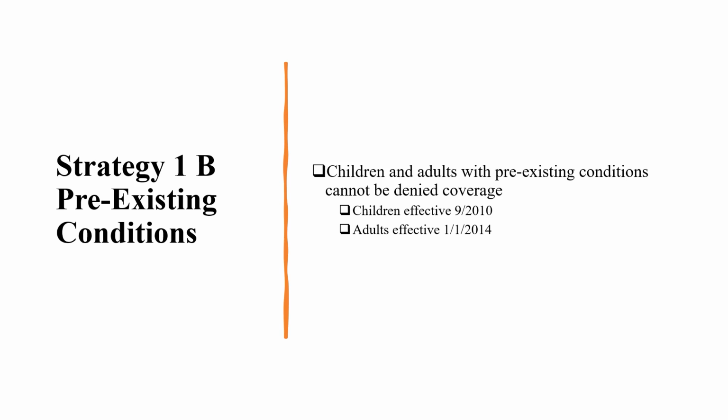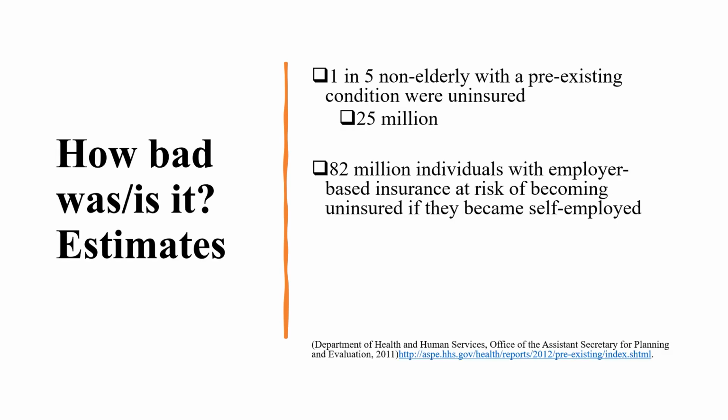But a question might be, how bad or significant was the issue of pre-existing conditions? How many people were not able to obtain health insurance because of bad genetics or bad luck or whatever? They estimated that about 1 in 5 non-elderly individuals had a pre-existing condition, which equated to about 25 million people.